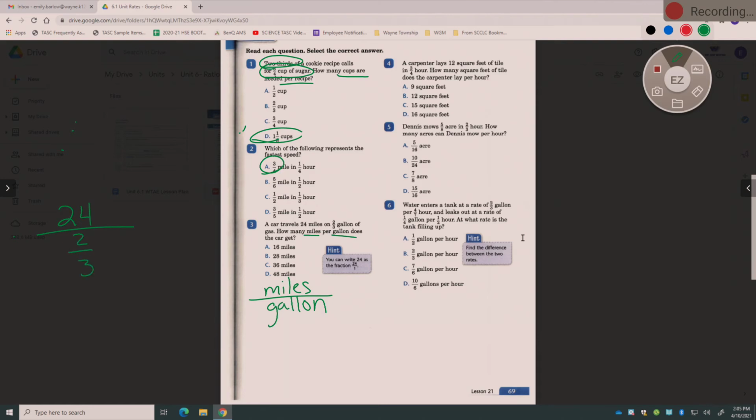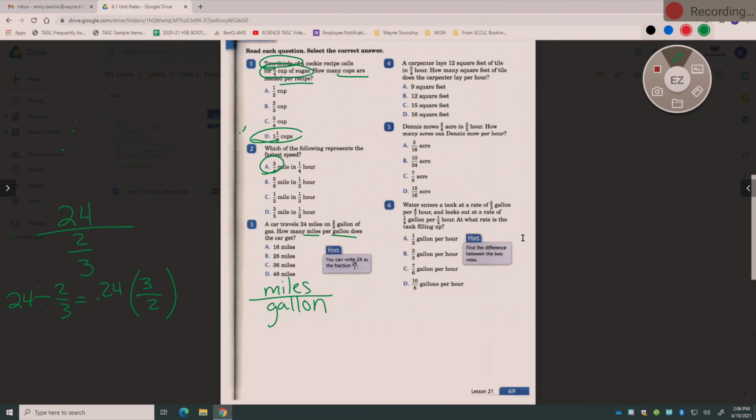So we rewrite this 24 divided by 2/3, which is the same as 24 times the reciprocal, which would be 3/2.